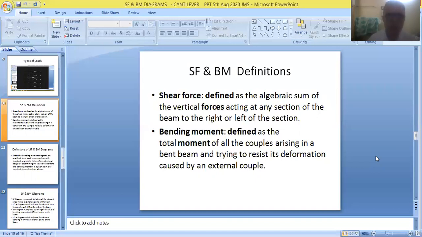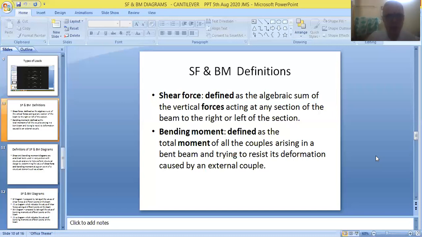But mostly we will be considering all the forces falling on the right side of the section, and we will be taking the sum of all these forces, of course with positive and negative signs, and based on that we will be calculating shear forces at different points on the beam.